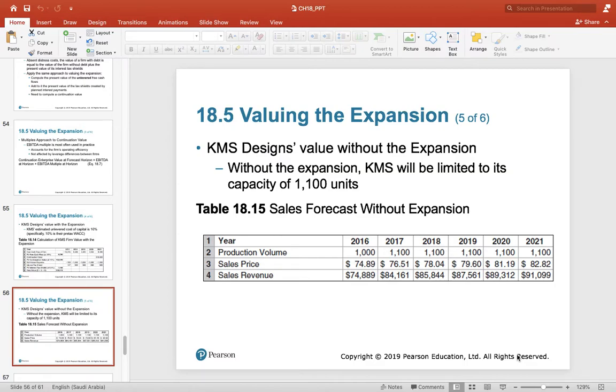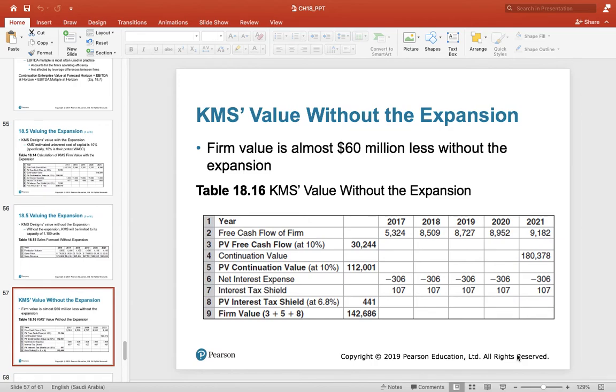And if you are not considering the expansion, then the company's production will be 1,000, 1,100, 1,100, 1,100, 1,100, and the same 10% growth, then it will continue forever. Sales revenue, another kind of adjustment is being done here.